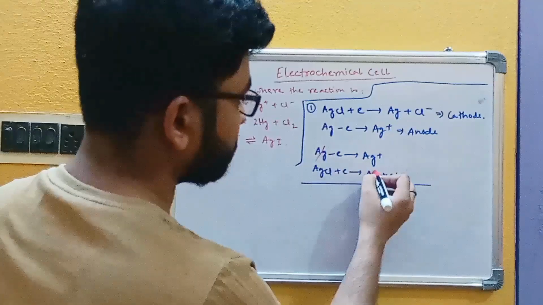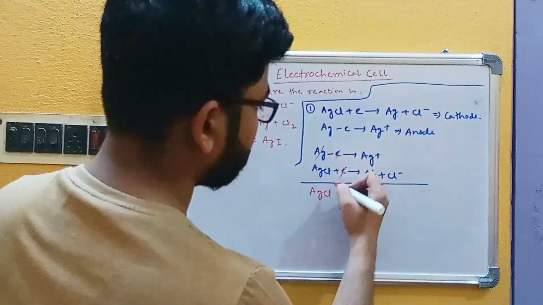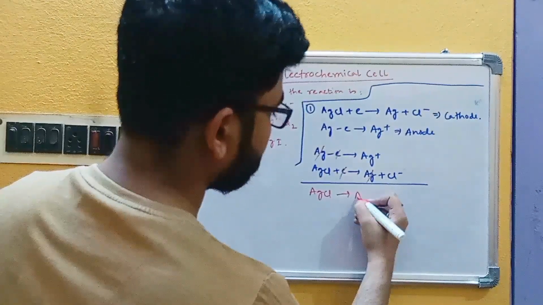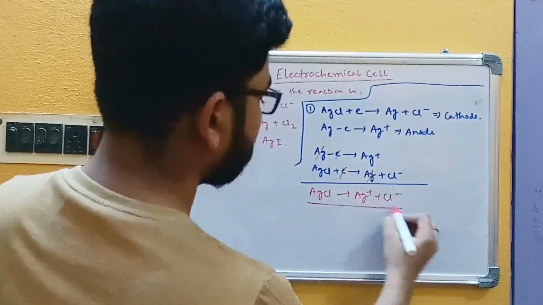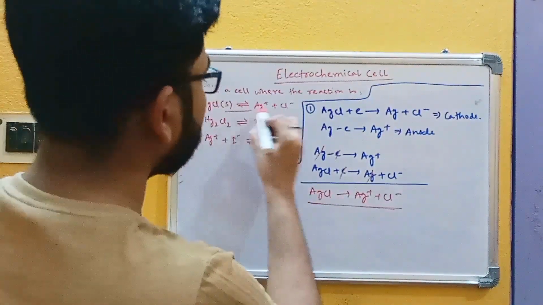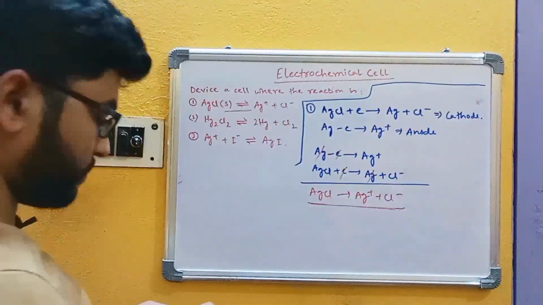So this Ag and this Ag cancel out, and AgCl and this electron cancel out. We get AgCl to Ag plus Cl minus. So we get the same reaction, AgCl to Ag plus Cl minus.